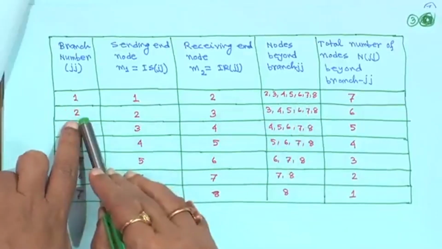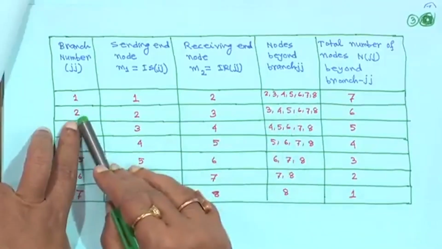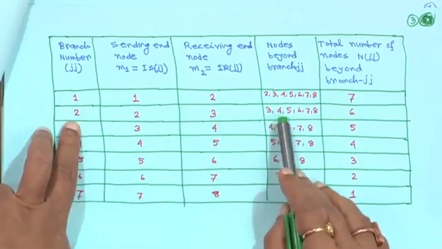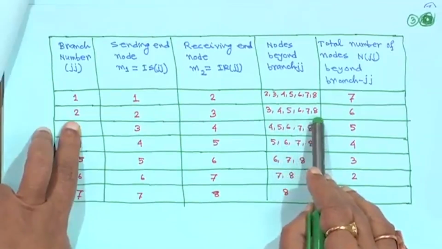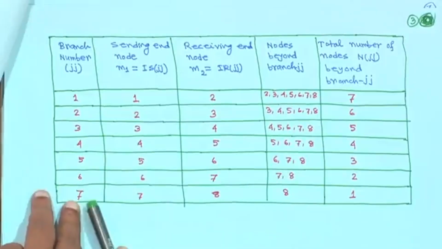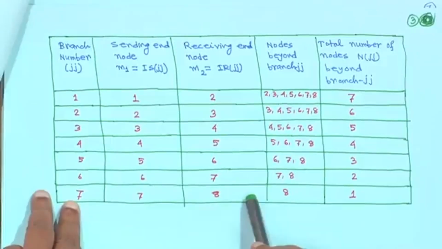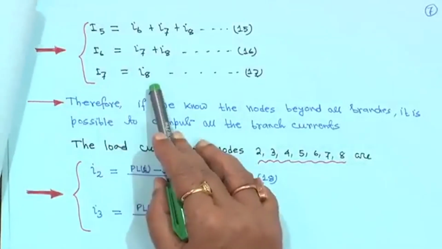If you know the nodes beyond branch 2, then capital I2 will be small I3 plus small I4 plus small I5 plus small I6 plus small I7 plus small I8, whatever we have just seen. Similarly capital I7 is equal to small I8, right, sending and receiving, and this way you have moved. That is why you have written capital I7 is equal to small I8.